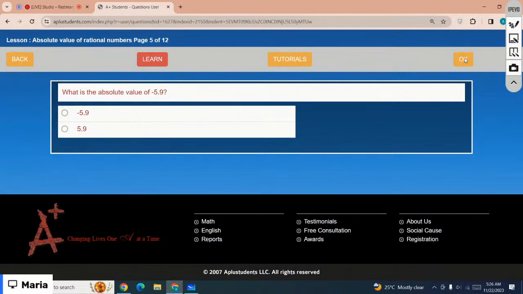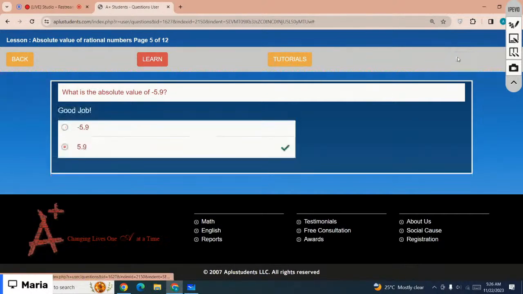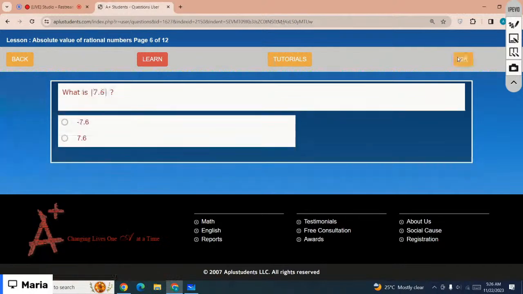Yes, the correct option is 5.9. What is the absolute value of 7.6?